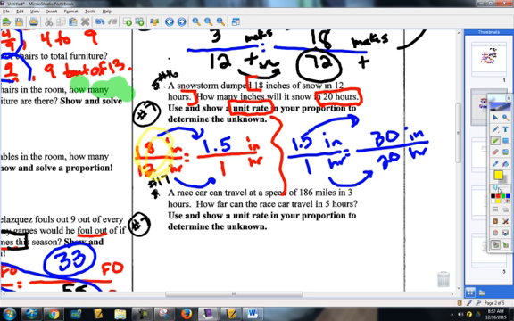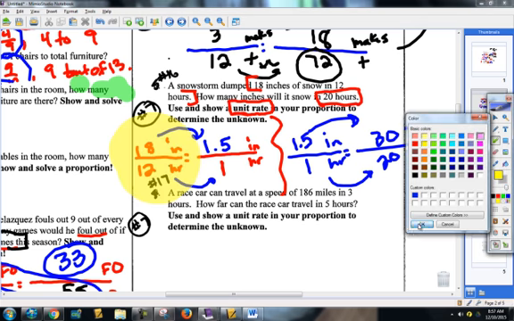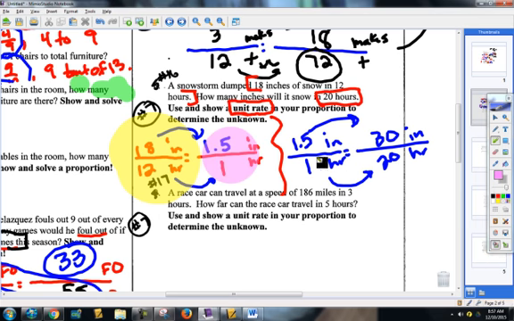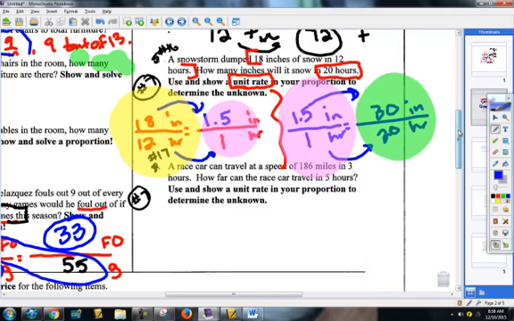This is my fake ratio. Remember, unit rate, I've tried to make pink as much as I can, like when we do the models. And then finally we got to our real information. You see how I did that? So we have a proportion finding the unit rate and a proportion using the unit rate to find the unknown. You had to do that. If you didn't have that, it's wrong.